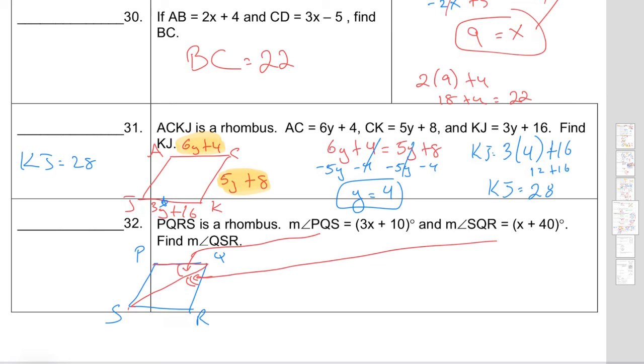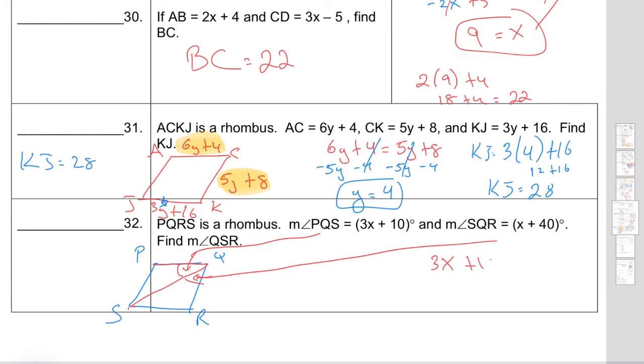Find angle QSR. So we have to remember that the diagonals of a rhombus bisect the opposite angles. So if this angle up here is being bisected, that means that these two are going to be congruent to each other. And so that's what we're going to do to set up my equation.